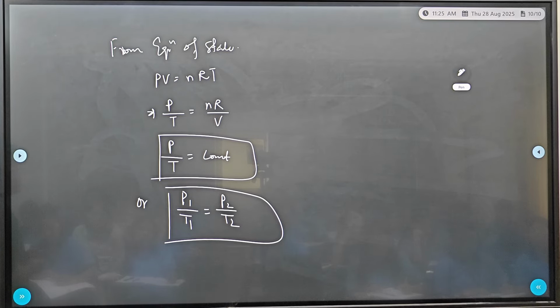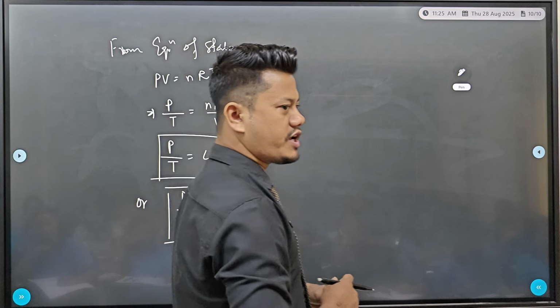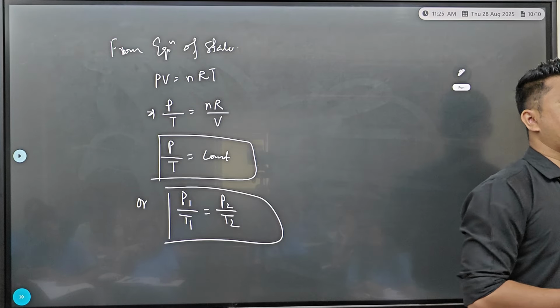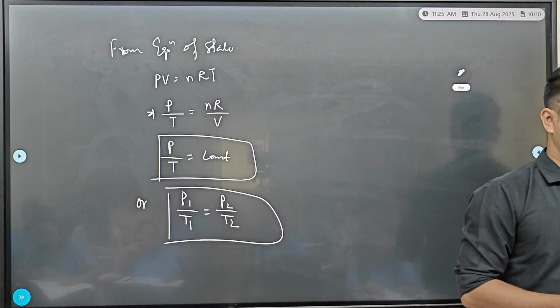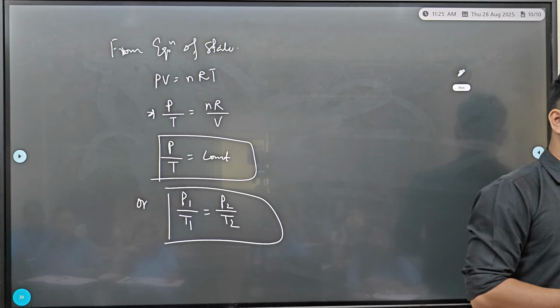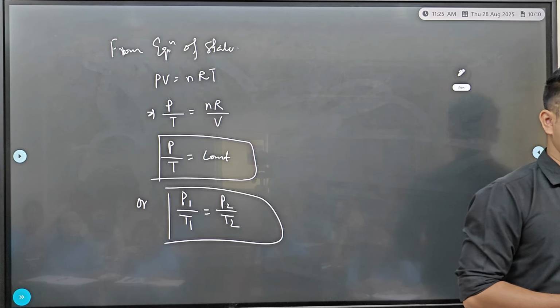So we got P1 by T1 equal to P2 by T2. Try to understand one more thing. In the behavior of perfect gas topic, you will get three important gas laws: Boyle's law, Charles law and Gay-Lussac law.